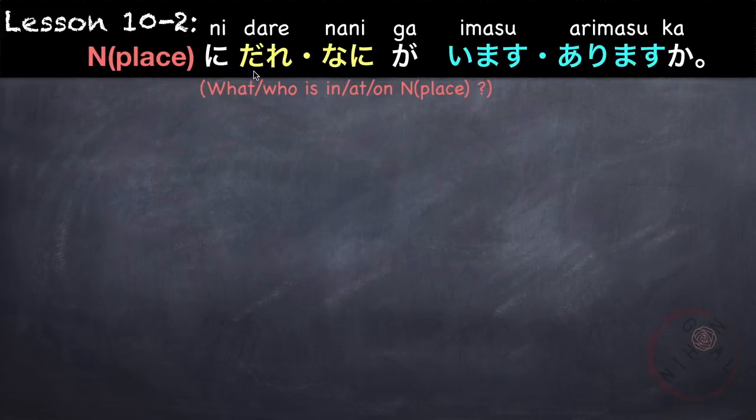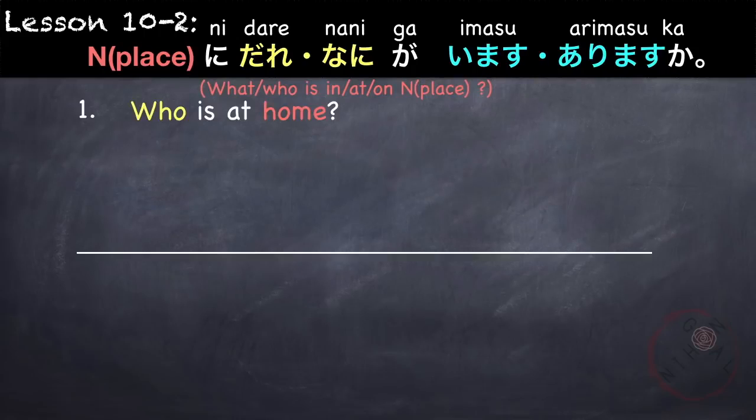Now, when the person or the thing is unknown, or if you want to ask what or who is in, at, or on a place, we use the pattern place ni, dare for a person or an animal, or nani for an object or places, followed by ga imasu or arimasu ka.